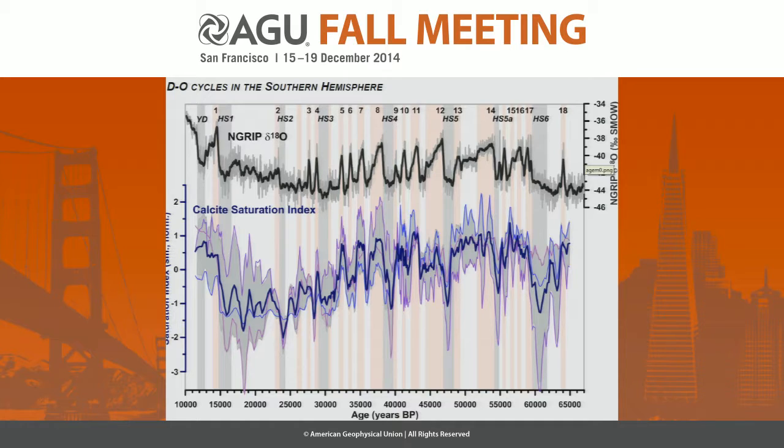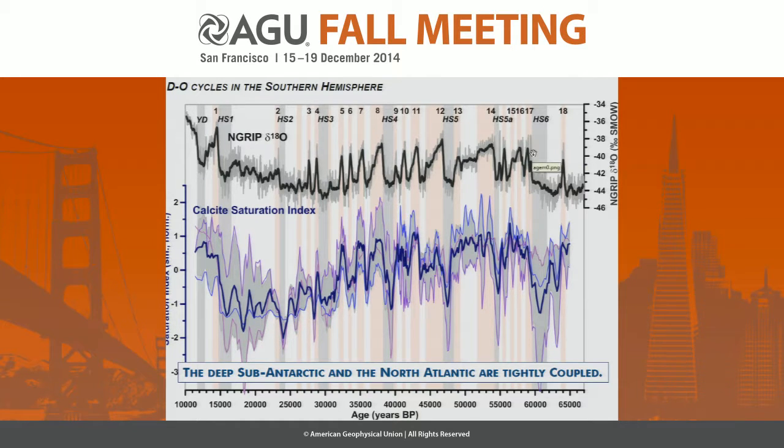And the calcite saturation index closely co-varies with changes we observe in the Greenland ice cores. What I propose this suggests is that the North Atlantic region and the deep sub-Antarctic Atlantic are tightly coupled.